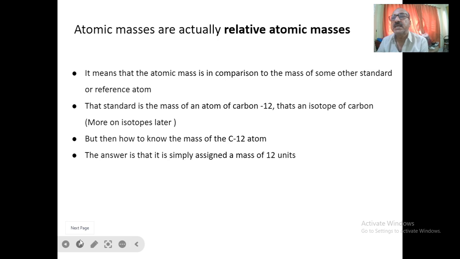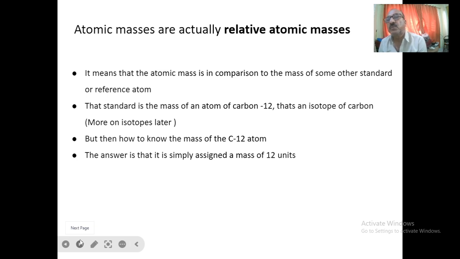Now, what is the standard reference for this relative atomic mass? In our example, we considered the reference atom to be hydrogen, but gradually, as more studies were carried out, it was found that hydrogen was not a suitable standard. You don't need to bother about the reasons.